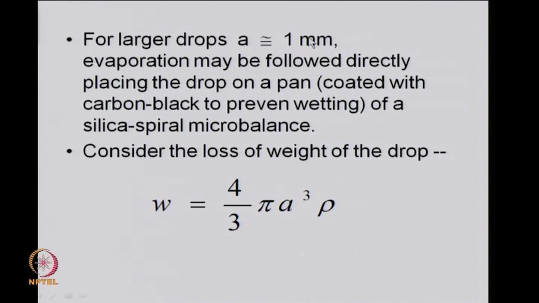Sir, I was asking whether we are considering the effect of change in Gibbs free energy when the molecules evaporate from the surface. No. See, these are much larger drops, right? You are talking of about 1 millimeter size. So now we are not going to worry about any change of surface tension or related quantities, and we are going mainly by experimental observations.